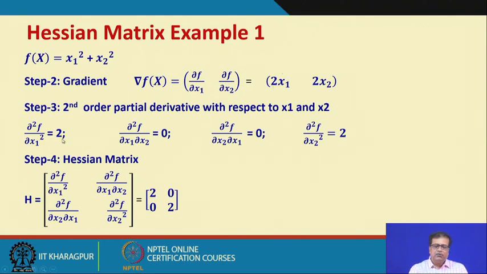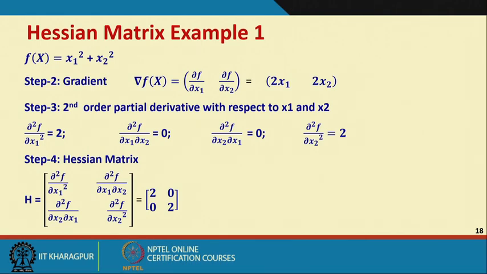So, it becomes 2. The last term, del square f del x2 square, is the del x2 of this, so it will be 2, but the other terms are 0, as you have seen just now. So, if you put them all in the form of a matrix, that is our Hessian matrix, and that Hessian matrix will be 2 0 and 0 2, right.